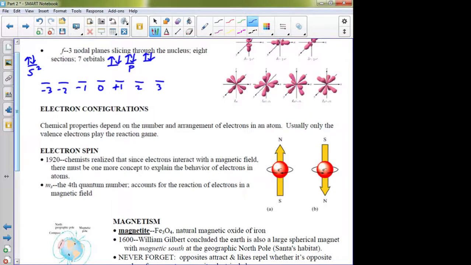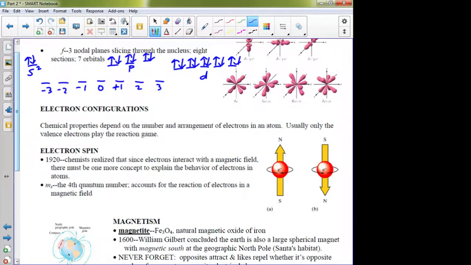All right. And then a d orbital, how many different orientations do I have? 5. So how many is the maximum electrons I can fit in there? 10. So 1, 2, 3, 4, 5, 6, 7, 8, 9, 10. Okay.